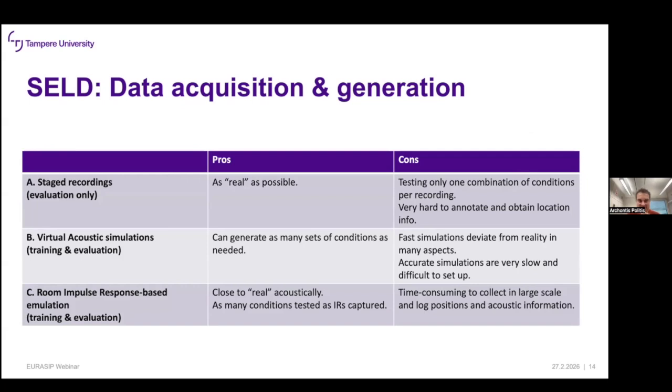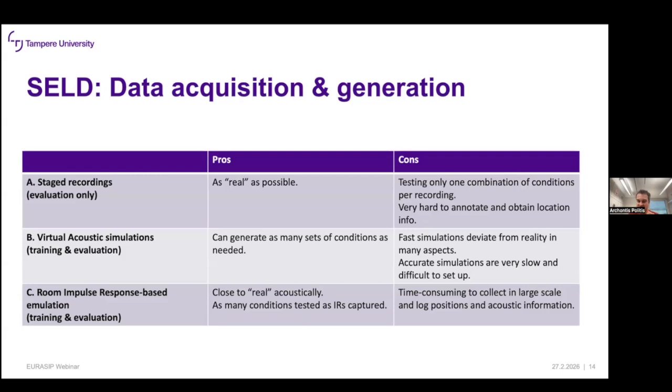We need a lot of data, we need a lot of diversity, and the options that people use at the moment is either virtual acoustic simulations, where we simulate spaces and source receiver impulse responses, and then we spatialize sound events, that's of course the first choice for most people, and we can generate very diverse conditions in that way.